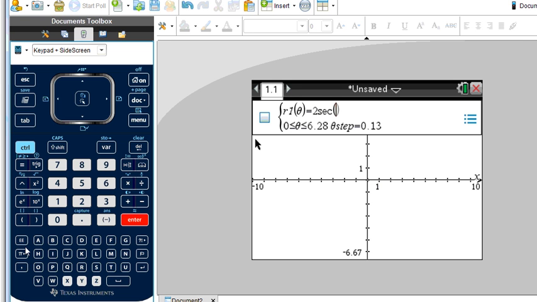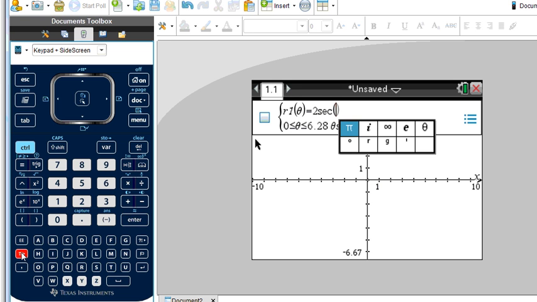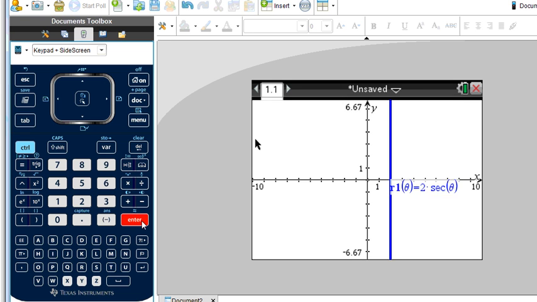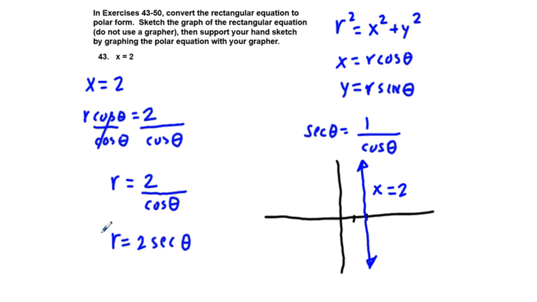And then theta, we get the Greek letters here, this pi key, and then over to the right, and enter that. So we have the vertical line, x equals 2. Same thing. This time we verify that this is indeed the polar form of the rectangular equation.